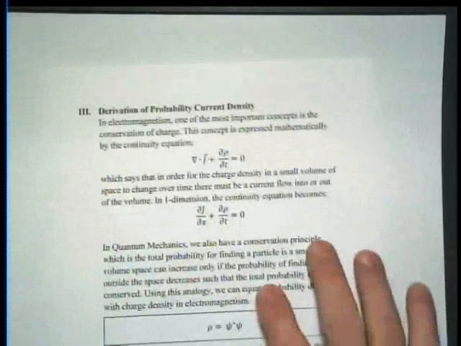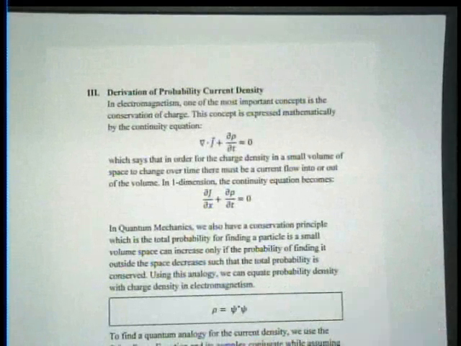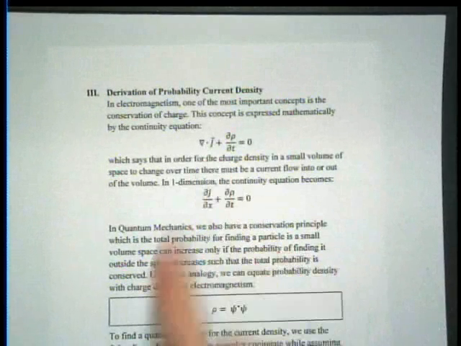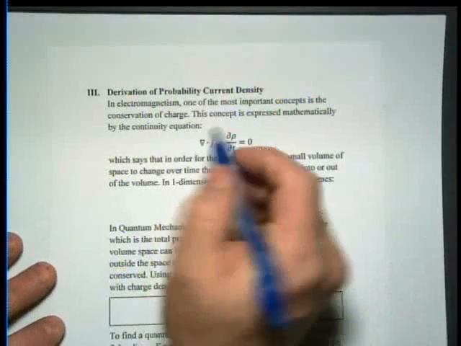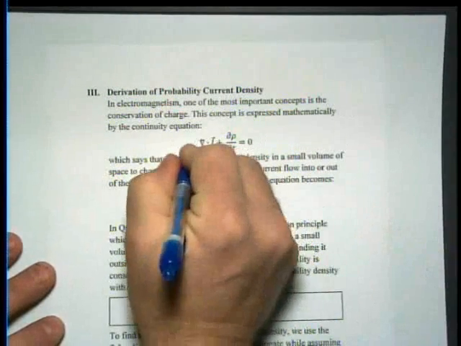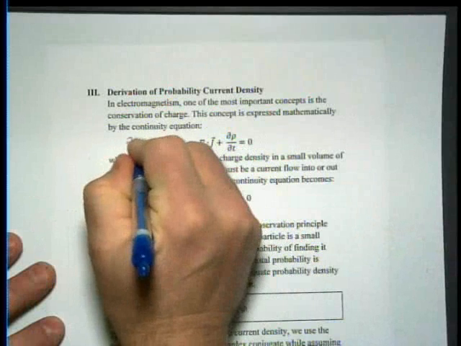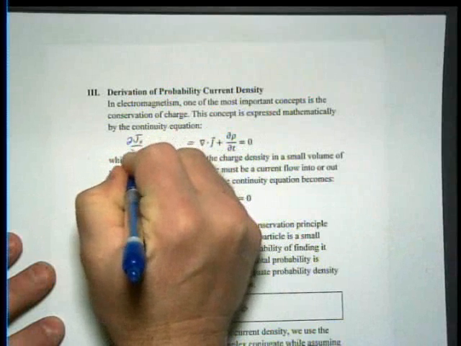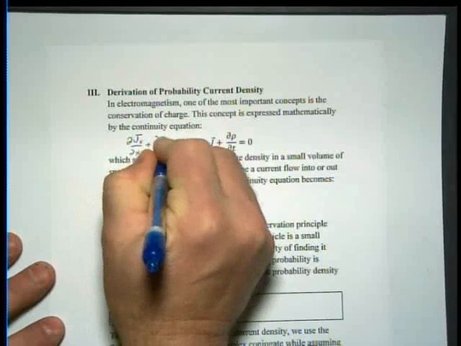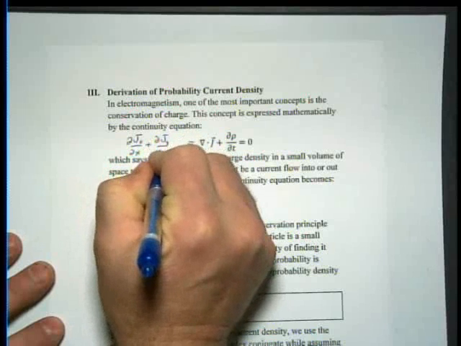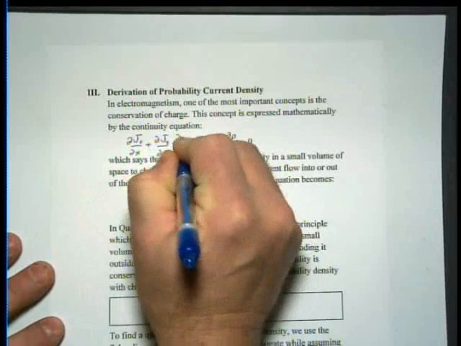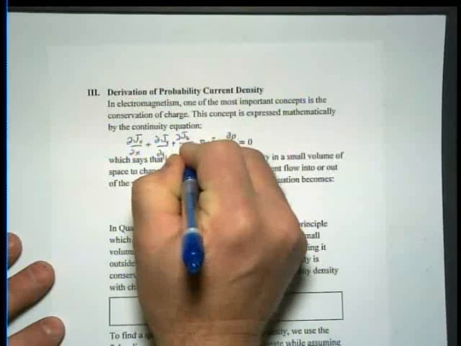So that was the continuity equation. In 3 dimensions, it would look like this: the partial of the x component of j with respect to x, the partial of the y component of j with respect to y, and the partial of the z component of j with respect to z.